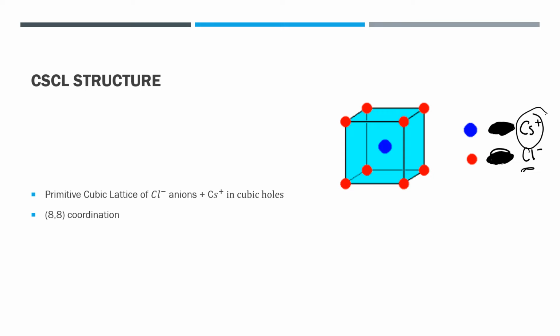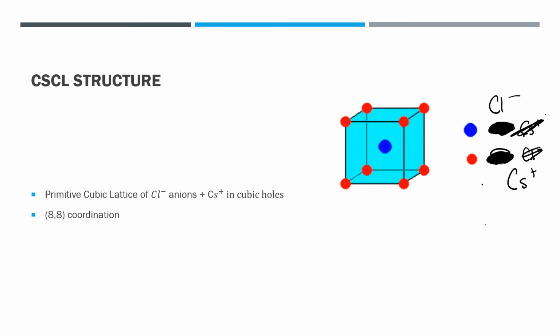If I put chloride in the middle and switch these two, say my chloride was blue and my cesium was red, this changes nothing, actually. This is the exact same unit cell, essentially. Because if I stacked a bunch of these unit cells, it would just look like a slight shift in perspective. But the entire crystal would be exactly the same, which is kind of interesting.